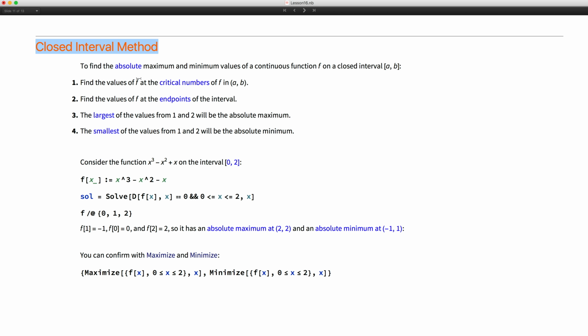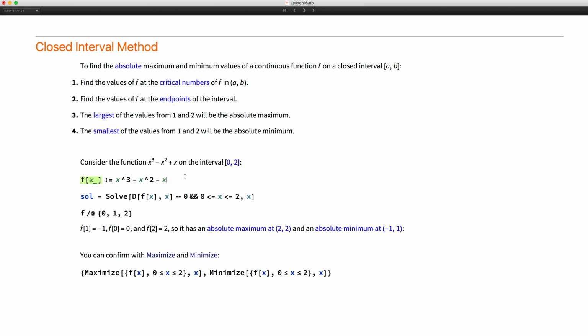And what it says is that to find the absolute maximum and minimum of a continuous function on a closed interval, you first of all find out the critical numbers, find the values of the function at those critical numbers, then you work out the value at the endpoints, and then the largest of all those values is the absolute maximum, and the smallest value will be the absolute minimum.